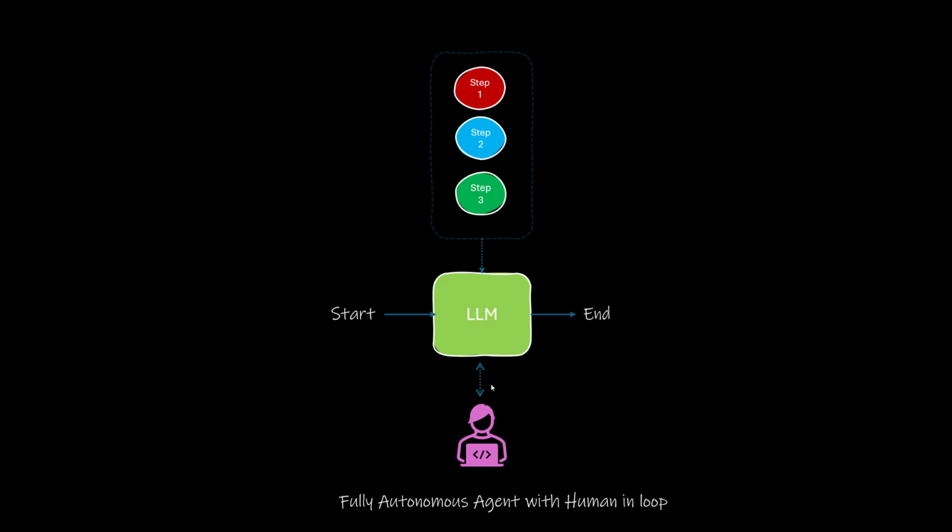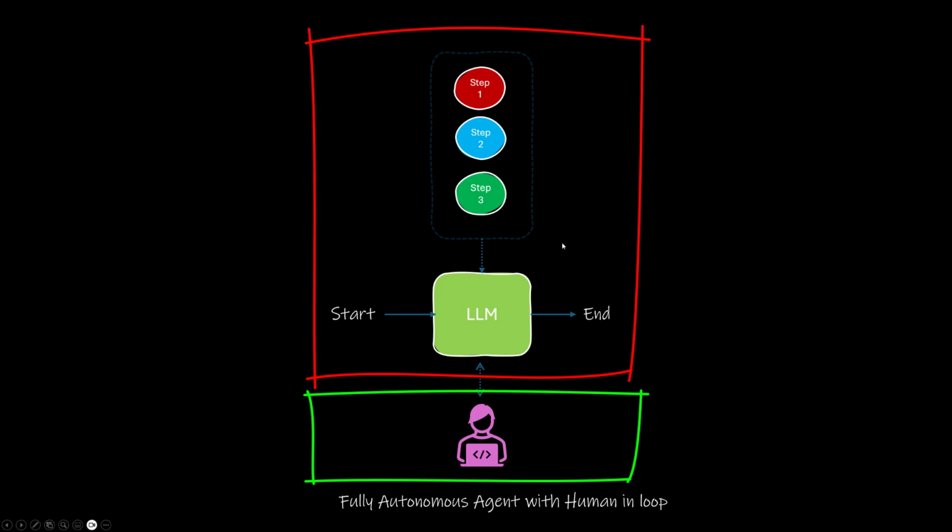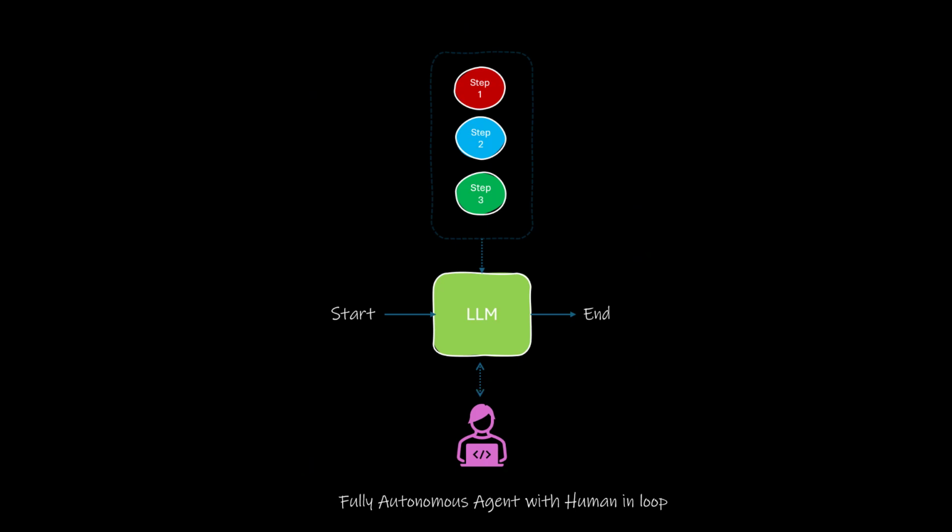So there were a lot of things, but fortunately you don't have to jump through all those hoops, because I have created this tutorial where, very clearly and simply, I will show you how you will create a part of the code which will run as a graph, and then write a separate client code which will interact with the graph, and how the human in the loop will happen, how the interrupt and resume will work.